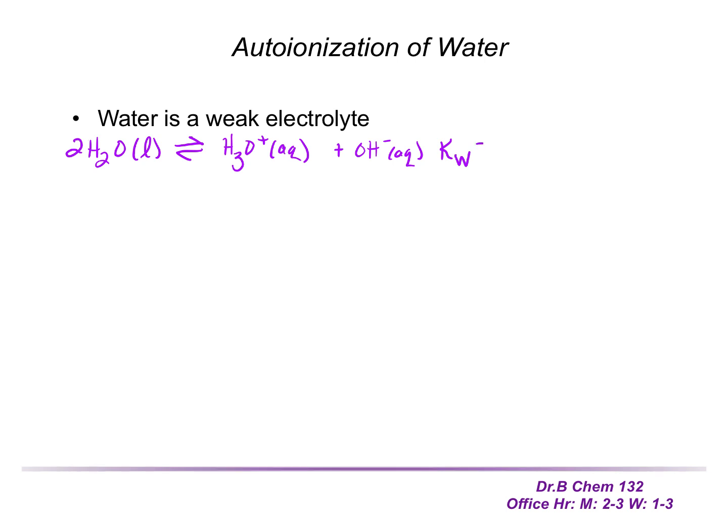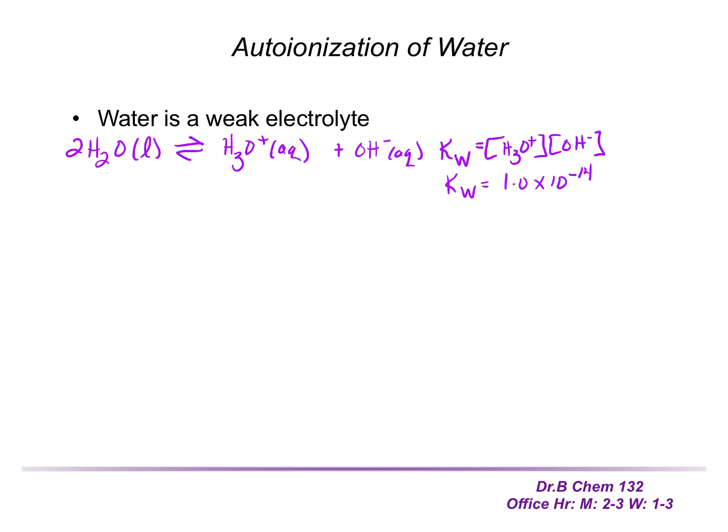If we were to write the Kw based on our original rules, I would have H3O plus times OH minus, and it would have no denominator because water as a pure liquid does not belong in the equilibrium expression, because I have not given you special permission. So I have this Kw expression, the concentration of H3O plus times the concentration of OH minus, and this Kw value is equal to 1.0 times 10 to the minus 14.